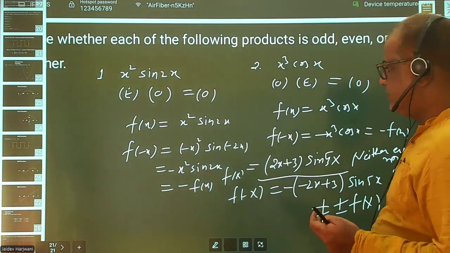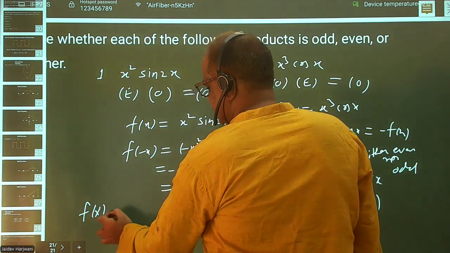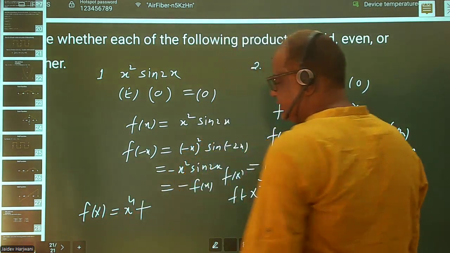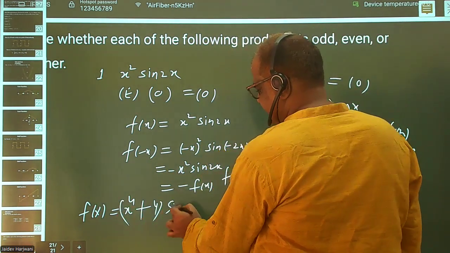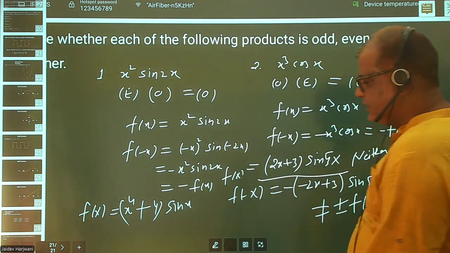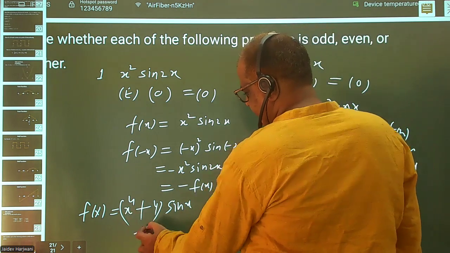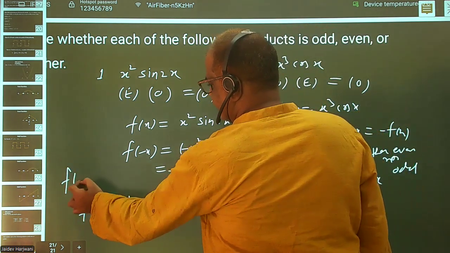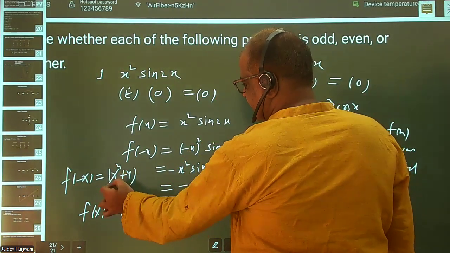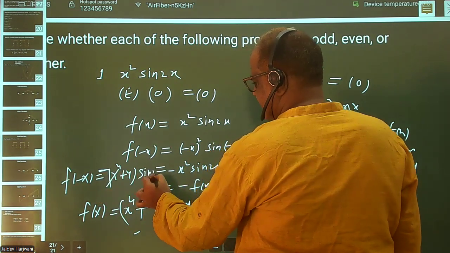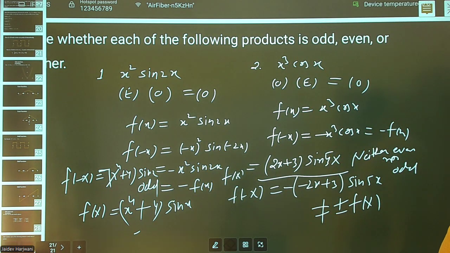Now, one more example I'll take. Say we have a function f(x) = x4 plus 4, and then sine x. Here, if I write f(-x), x4 will remain x4 and sine x will become minus sine x. So this function will become an odd function.